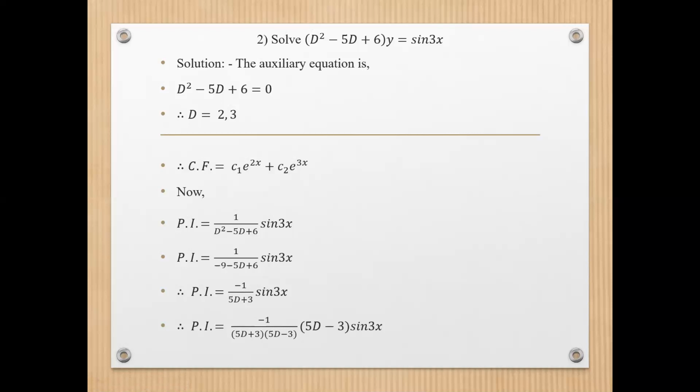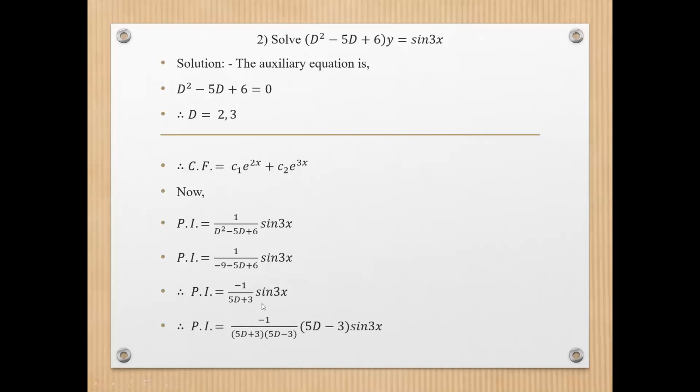It does not involve the D square term, because if the right hand side is of the form sin x or cos x, that time we have to put D square nothing but minus a square. Here D square is nothing but minus 9. So, in order to obtain D square in the denominator, for that we are rationalizing here.